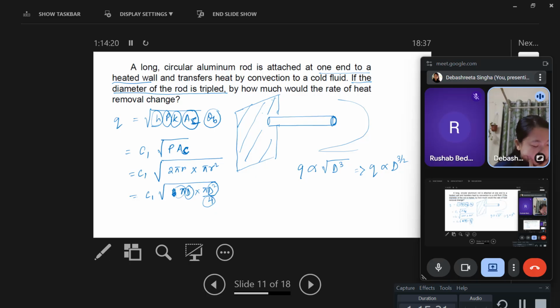So if the diameter of the rod is tripled, Q1 by Q2 is d1 to the 3 by 2 over d2 to the 3 by 2. How much would the rate of heat removal change? That means you need to find Q2 compared to Q1.